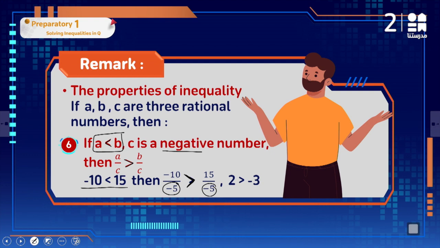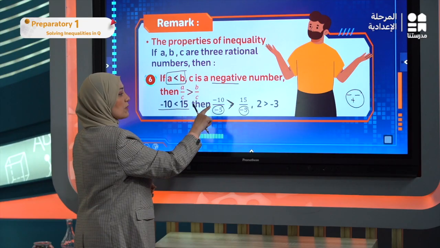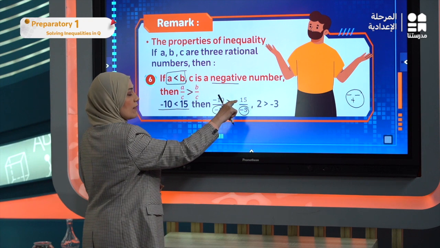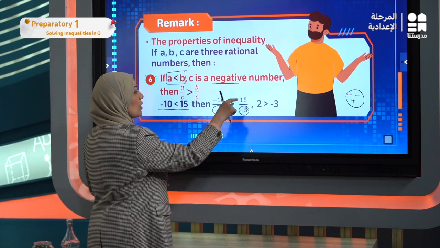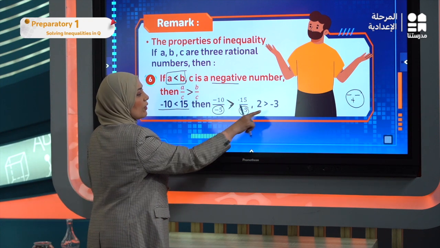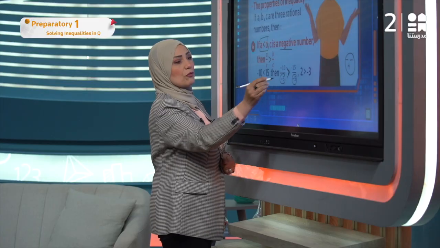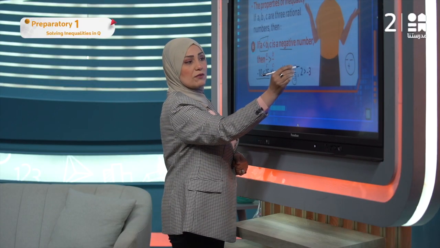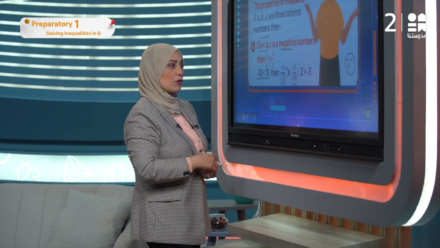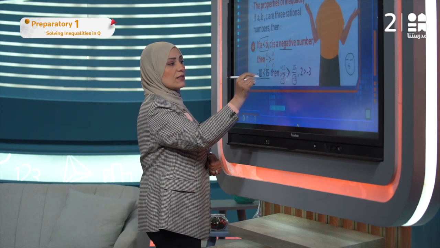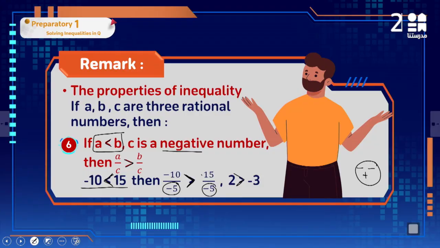So -10 divided by -5, let me remind you, negative divided by negative is positive, which is 2, and this 15 is positive. 15 divided by -5 is -3. And of course, 2 is positive, so it is greater than any negative number. So here we have less, and we got greater.